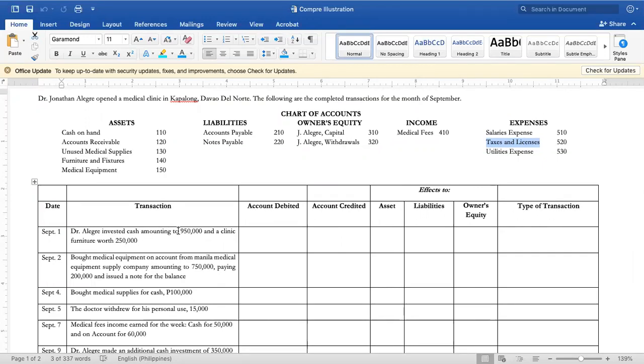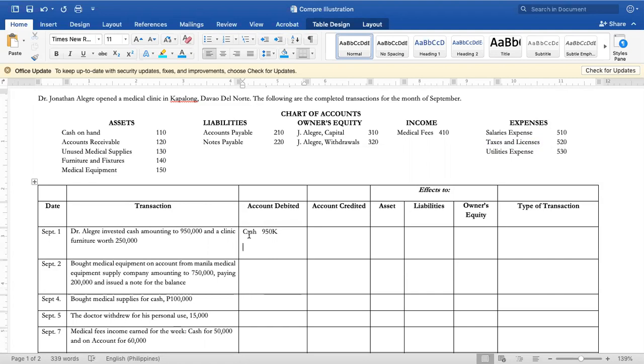Account debited: what we received from Dr. Alegre's investment. Of course, we are the medical clinic, so Dr. Alegre invested in us. First, you have cash. So we received cash, the amount of cash is 950,000.